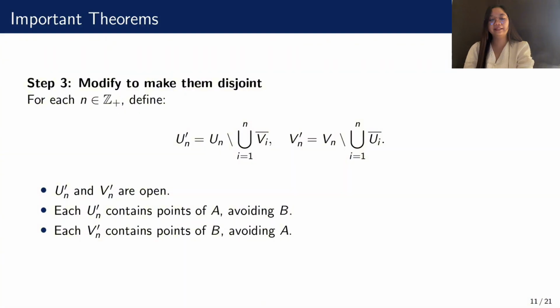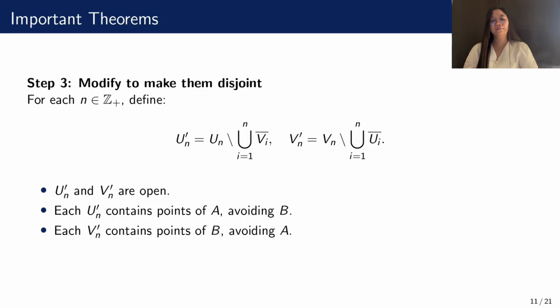We can see that U sub n prime and B sub n prime are open. Each U sub n prime contains points of A avoiding B, and in the same way each B sub n prime contains points of B avoiding A. This ensures that the new sets will not overlap when we take unions.